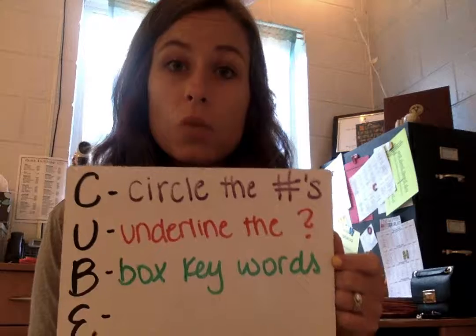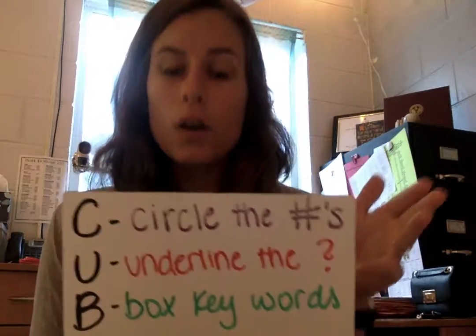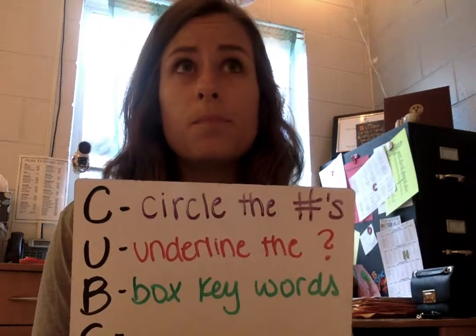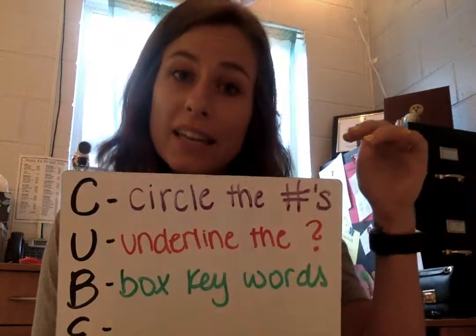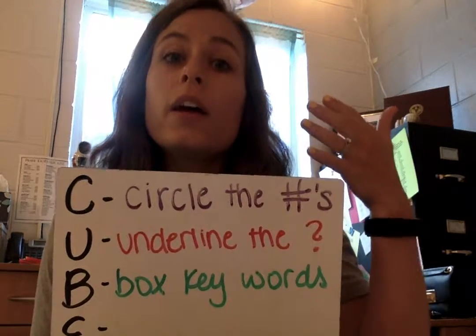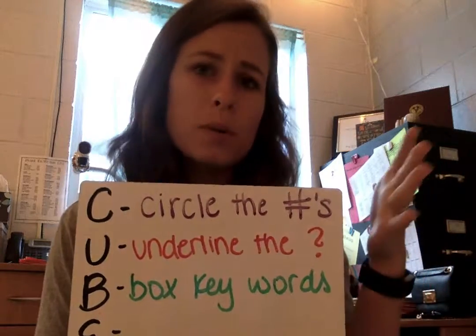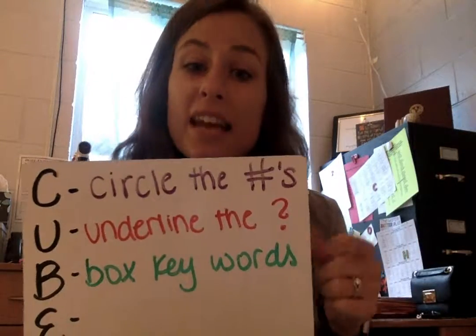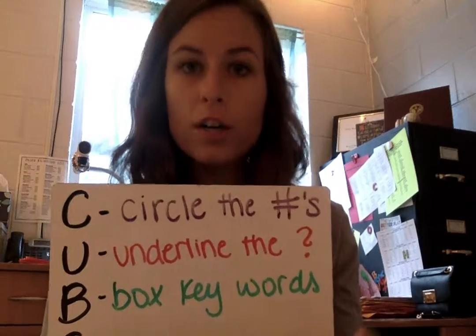When you find those keywords, they are telling you to add, subtract, multiply, or divide. A keyword is not going to be "sock." You want those words on that list that are actually going to tell you how to solve the problem. It takes the guessing out of it. You know how sometimes you read a problem and you're like, I don't know, maybe add, let's try that. If you find a keyword and put a box around it, you know for sure what you're doing.